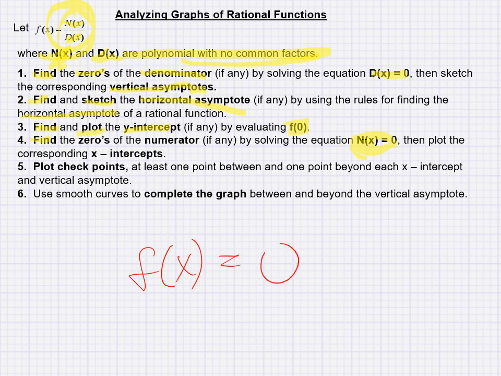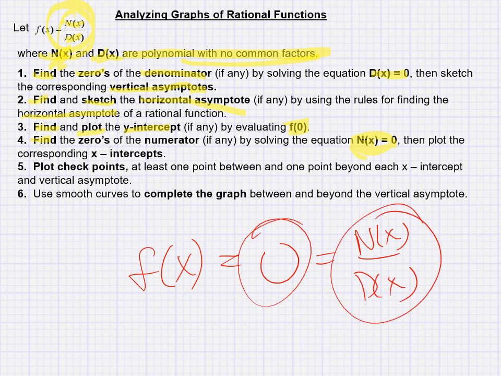If that function is a fraction, numerator and denominator, the only time this fraction could equal 0 is if the numerator equals 0. So, simply find the zeros of the numerator, and that will give us the x-intercepts.